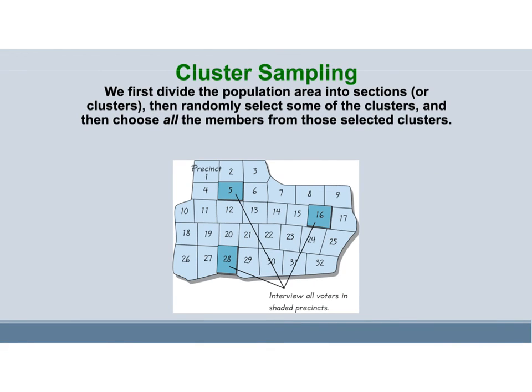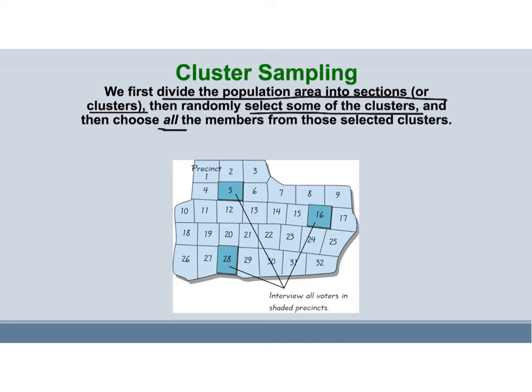Cluster sampling, the next one, often gets mixed up because they start the same way. I divide it up into sections. Like I said, this time we call it clusters. But then I select some of the clusters and do all in there. So if this was a stratified sample, I would pick some from all 32 of these precincts.